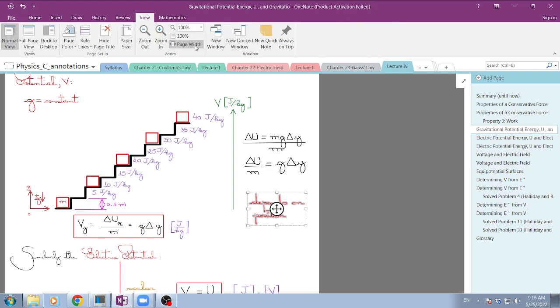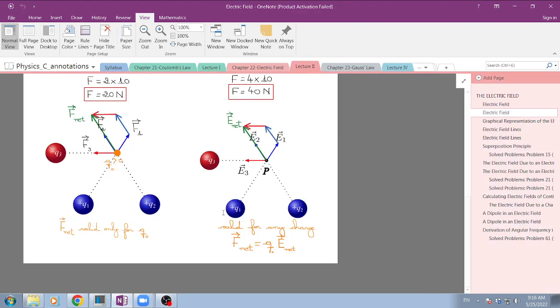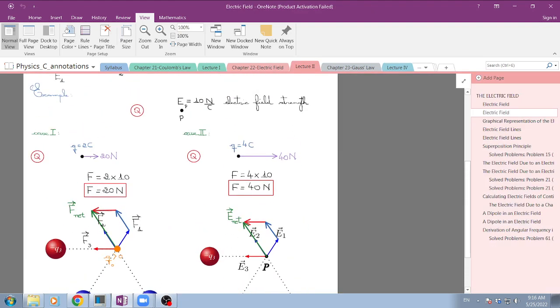And this is good because it's a similar idea to what we did with the electric field. The electric field, remember guys, let's go back to the electric field. It's exactly the same here.